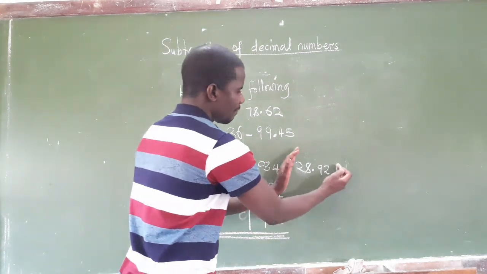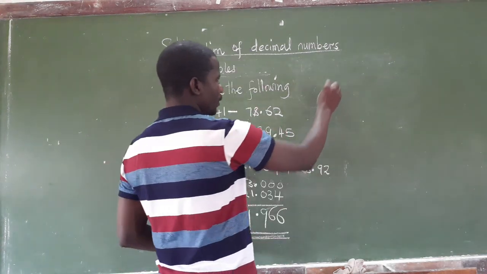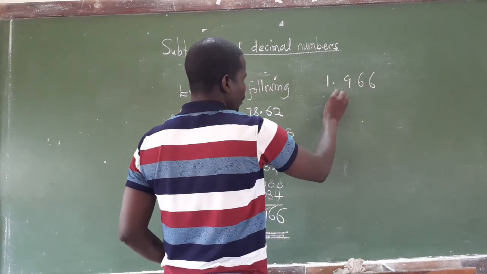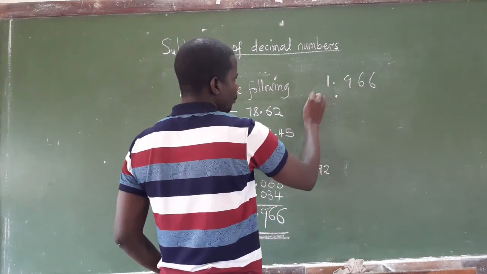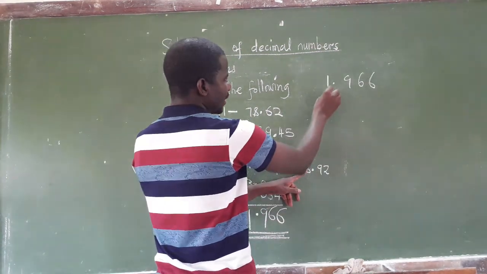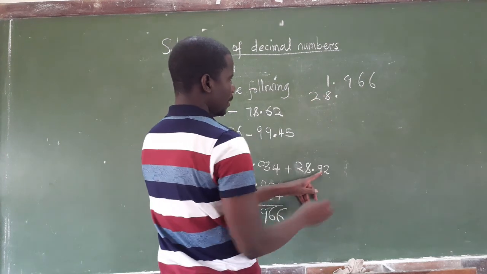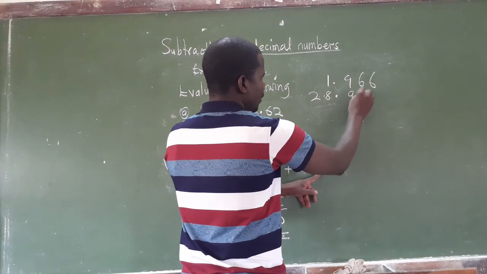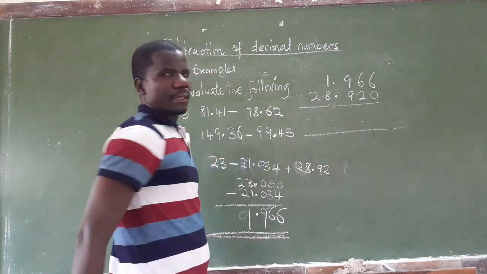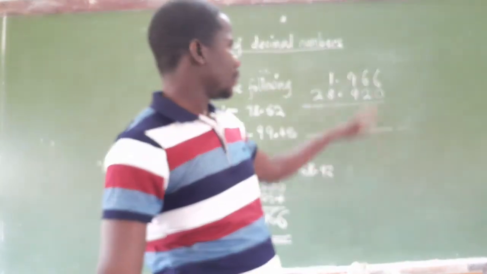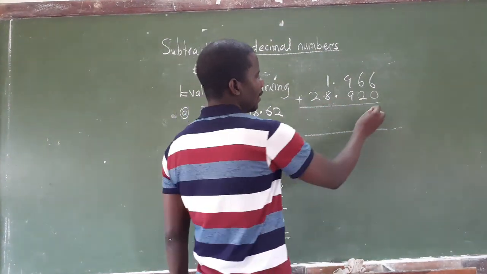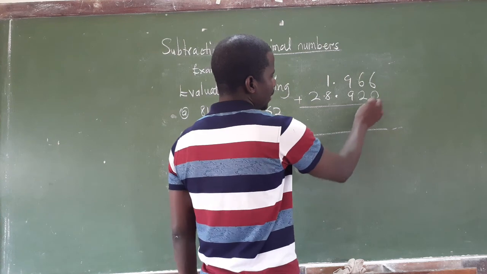Now remember, we still have addition. So we're going to say 1 plus 966 plus. Immediately after a decimal point, what do we have? We have 8. And 2 is supposed to be here. And this side, what we have? 9, 2. Here you can just put a 0. I hope that is clear. Then we add now. We are dealing with addition. We add, what do we get? 8.